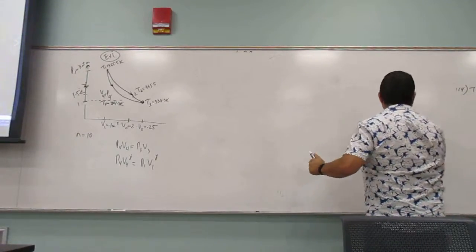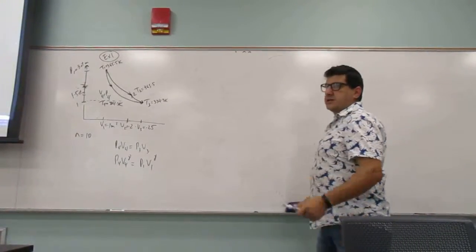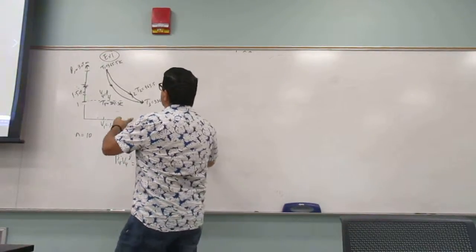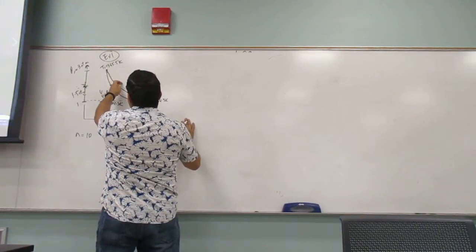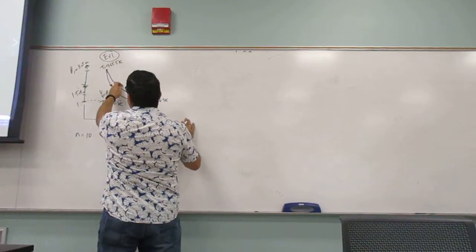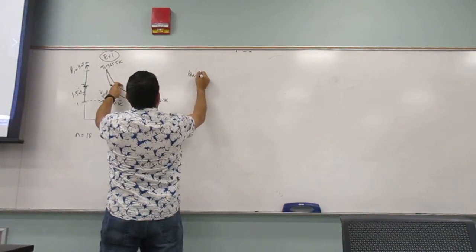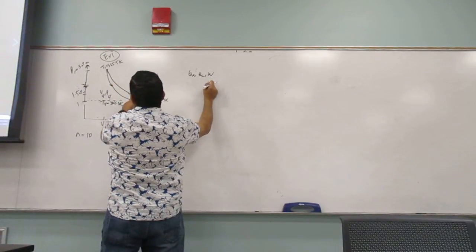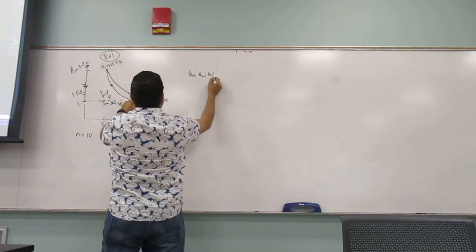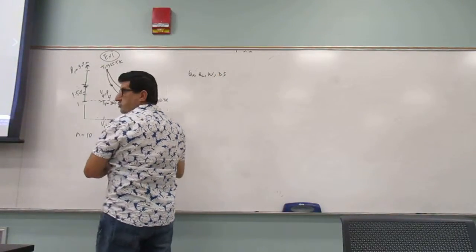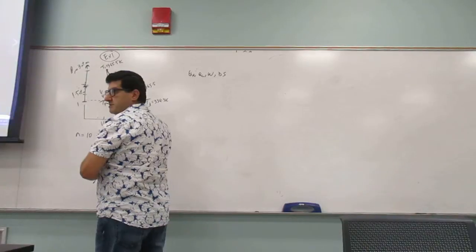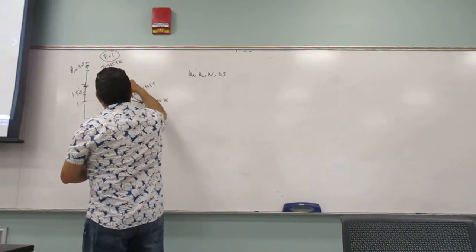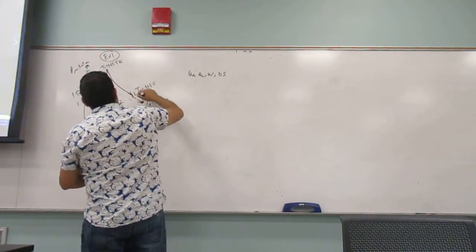Well, in order to do that, because here's what the problem is likely to say: find QH, QC, and work here. Find the same things here, QH, QC. And then it might also say, find the change in entropy in each cycle. Right?